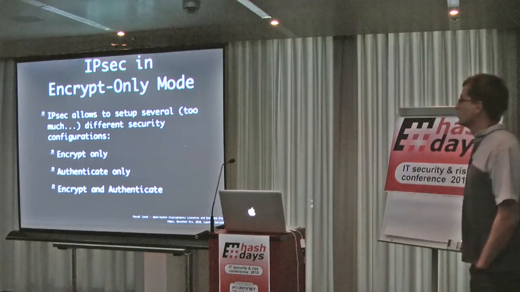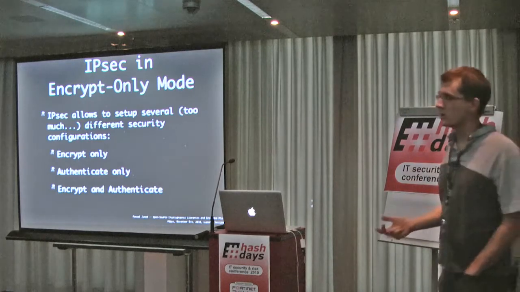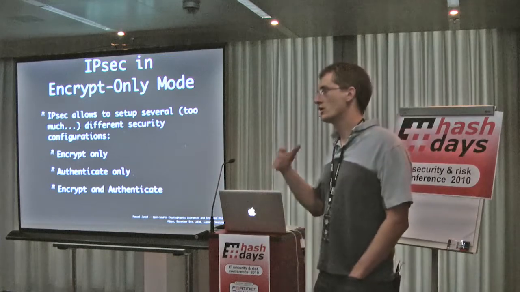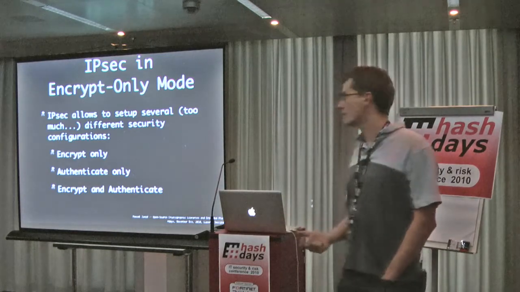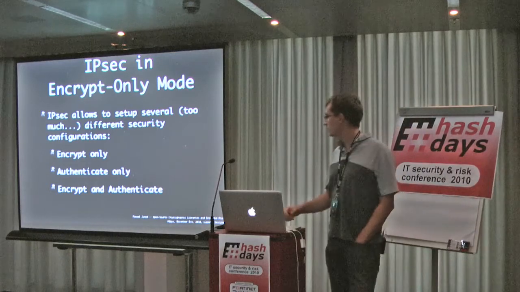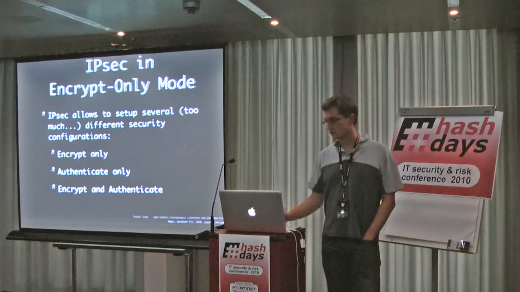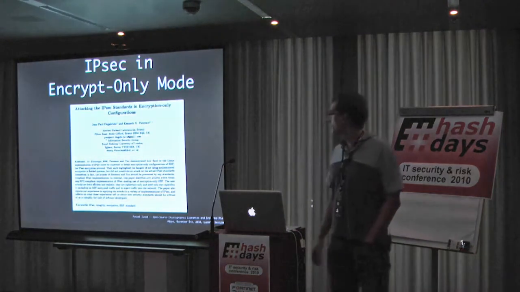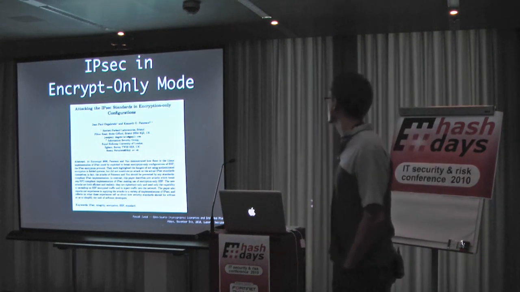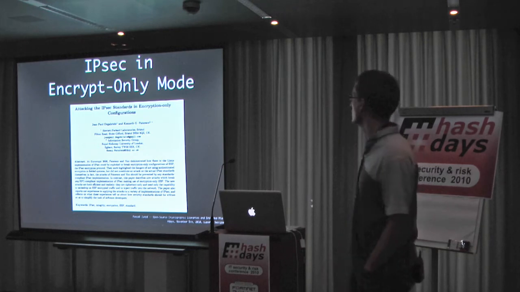But basically, you can say, I'm just going to encrypt my data. You can say, I'm just going to authenticate my data. Or I'm going to encrypt and authenticate at the same time. The first possibility here is also a very bad choice. Already the title of this paper suggests this: attacking the IPsec standards in encryption-only configuration.